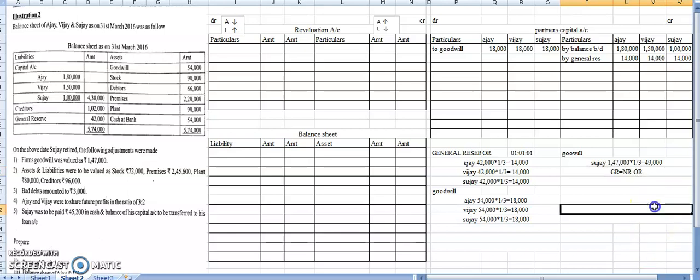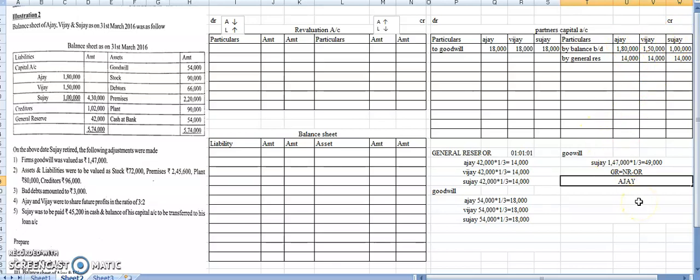So this is the formula for gain ratio. We'll calculate the gain ratio for the continuing partners. Sujay is retiring, so the continuing partners are Ajay and Vijay. So we'll calculate for Ajay.